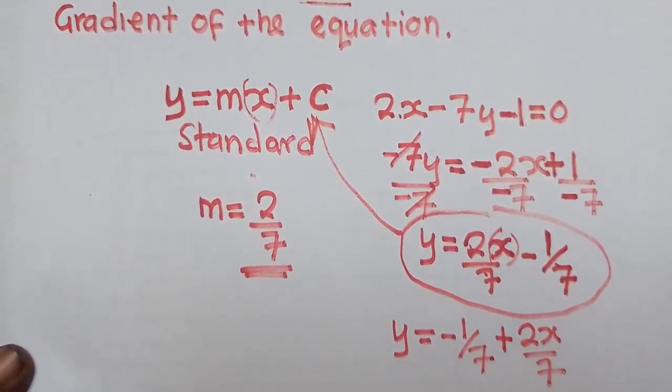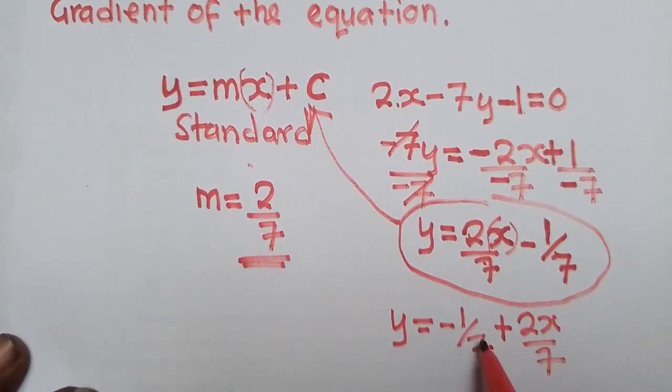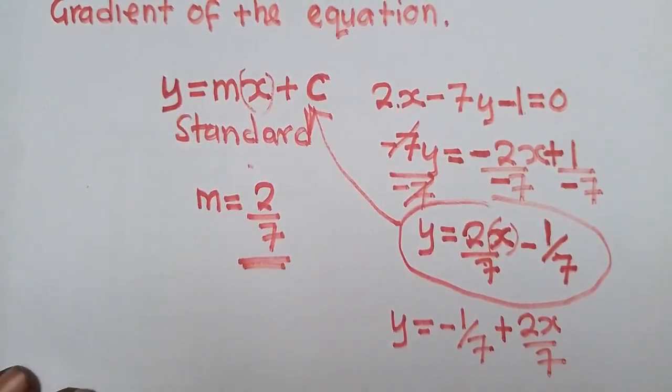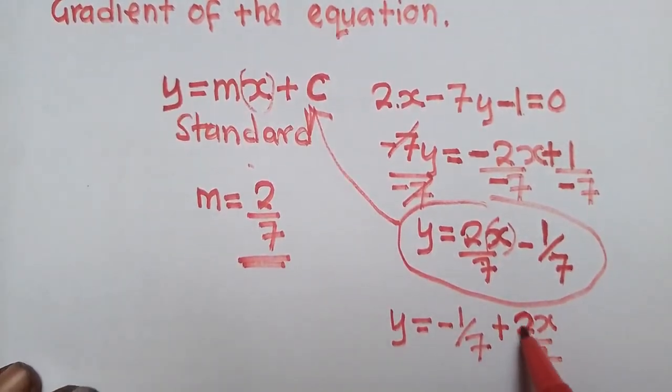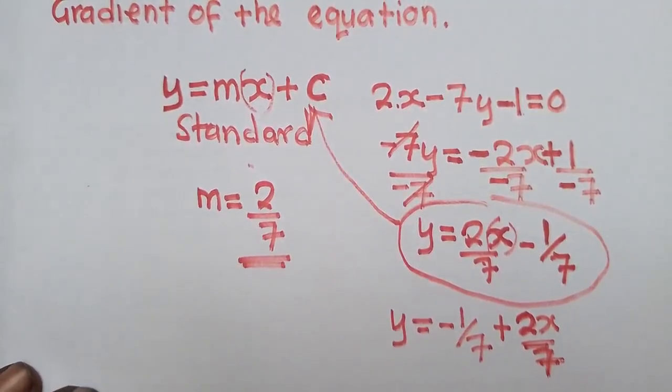Don't say you get the first one, negative 1 over 7. No. Check where there is x. You need to get that one: 2 over 7.